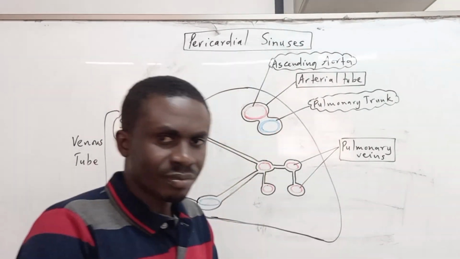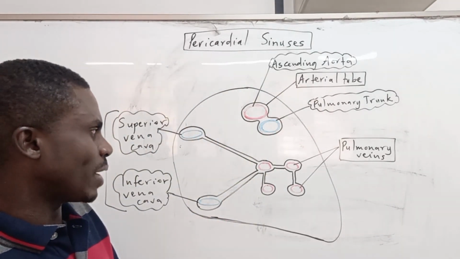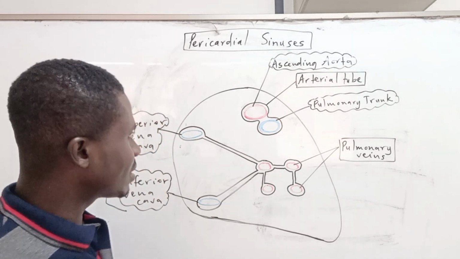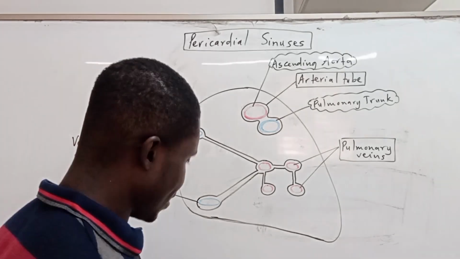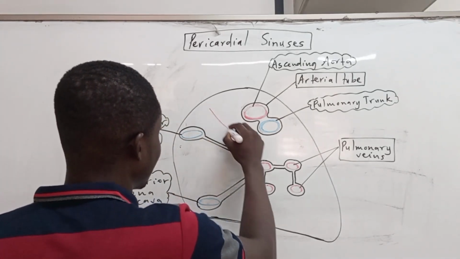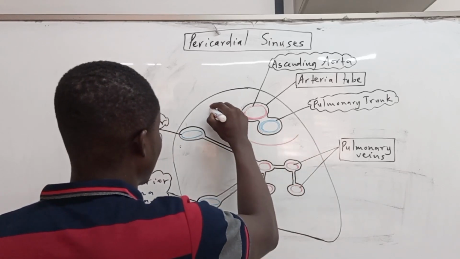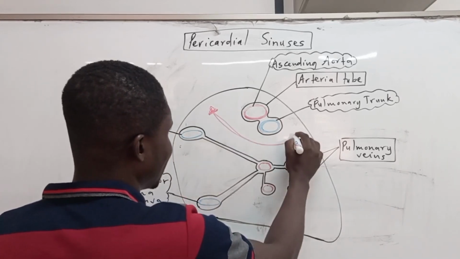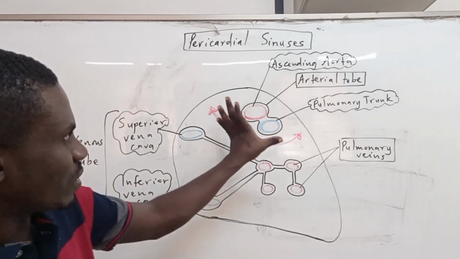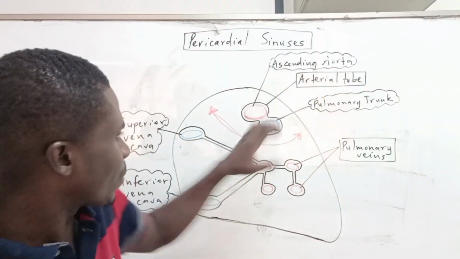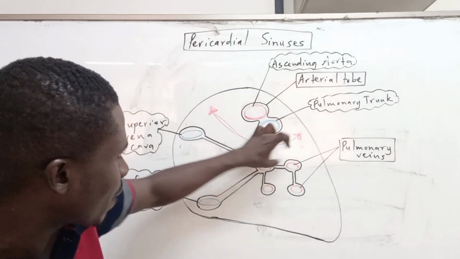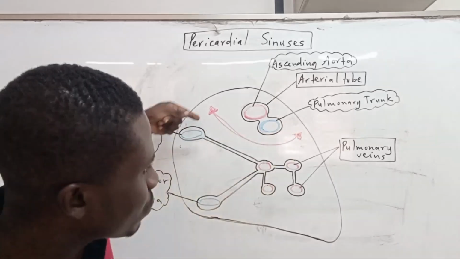Now let's think about it. The first thing, the space that is captured over here. The space between the arterial end and the venous end, because of the pericardial reflections over here, the space captured over here is running in a transverse manner.